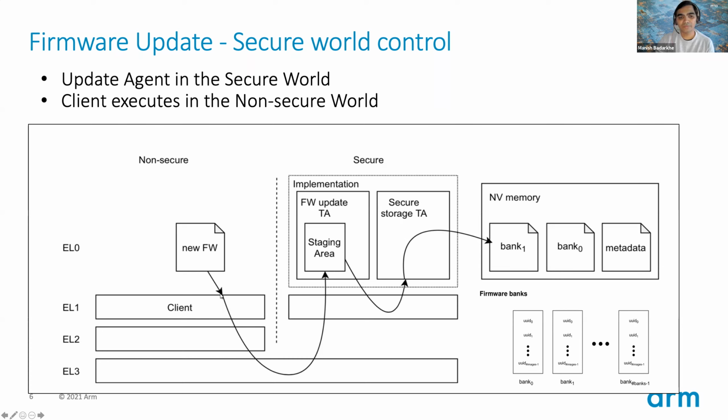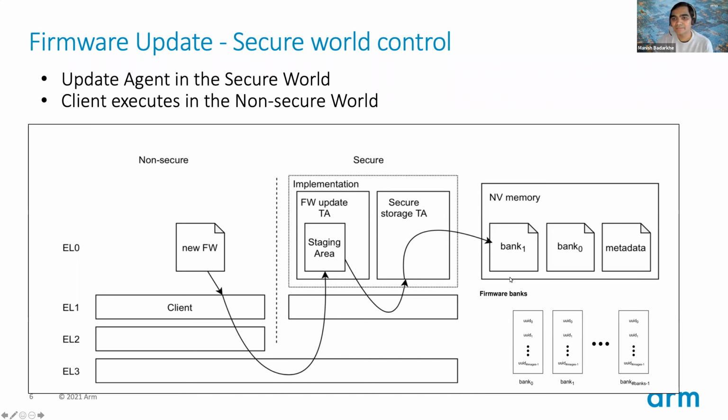It receives the firmware, then establishes the channel with the update agent, and I will talk about these ABIs further, how via ABIs we send this firmware to the update agent. Then the update agent stages this image and gives it to another trusted application, or it may have its own flash driver and directly flash those images into the bank present in the non-volatile storage.